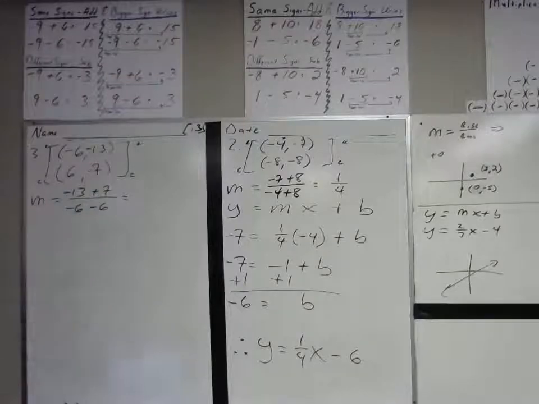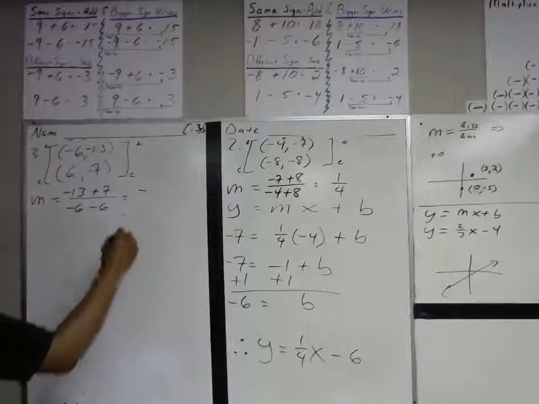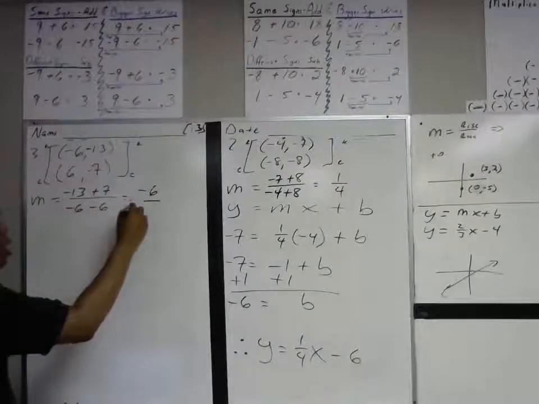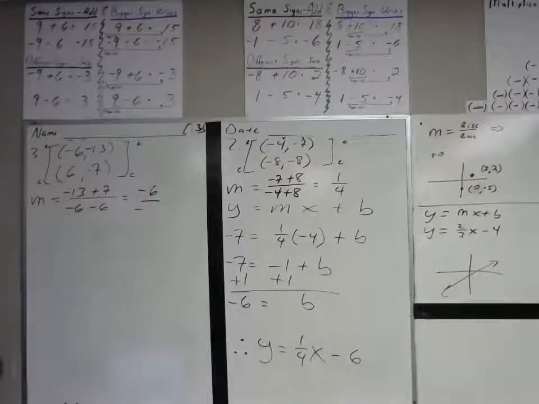Negative 13 and a positive 7 will give me a negative answer. And when I subtract those, I'll get 6, right? Negative 6 and negative 6 will be a negative answer, but same signs add. Yes. Negative 12.